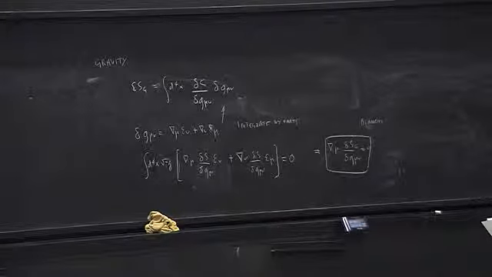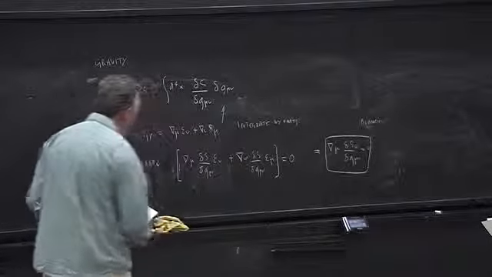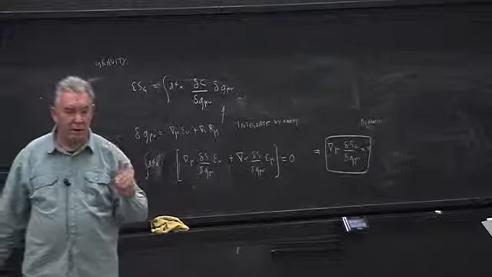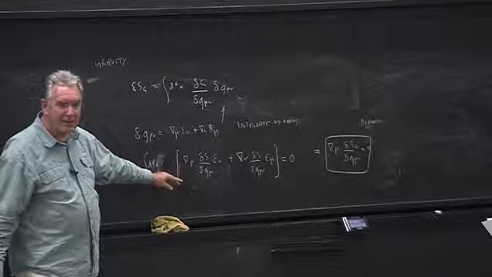No, I don't have it there. I'm sorry. Remember, delta S over delta g was the density of weight 1. So it's already of weight 1. I don't need the root g.